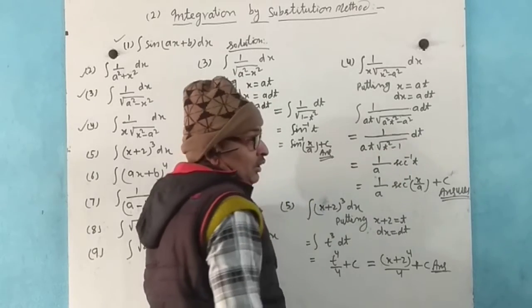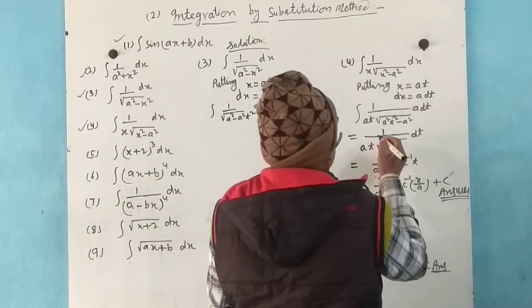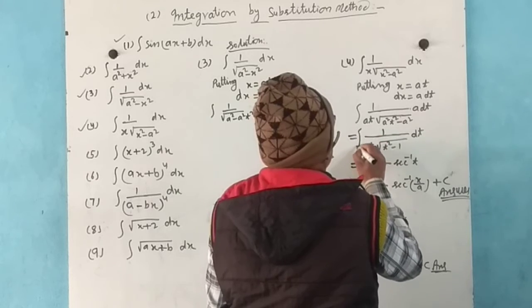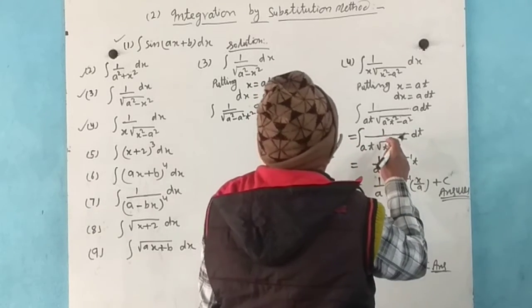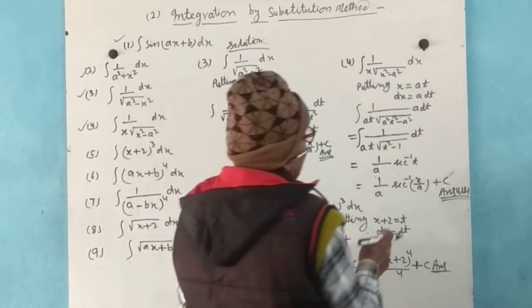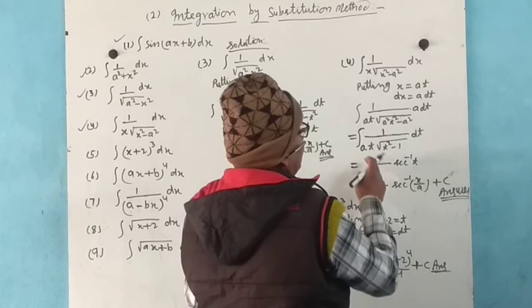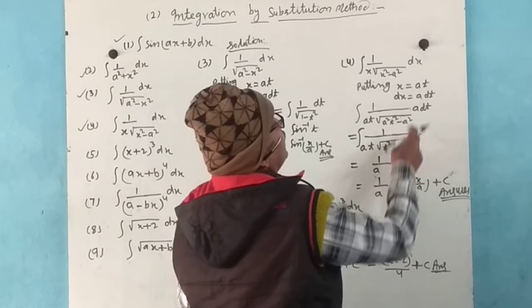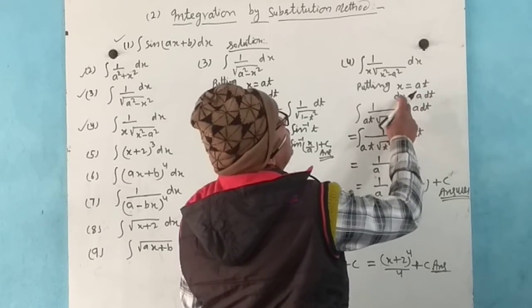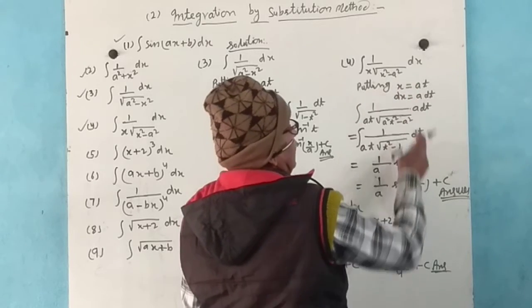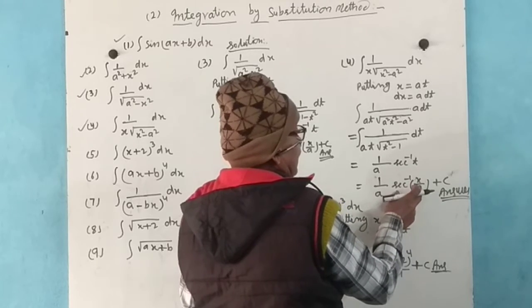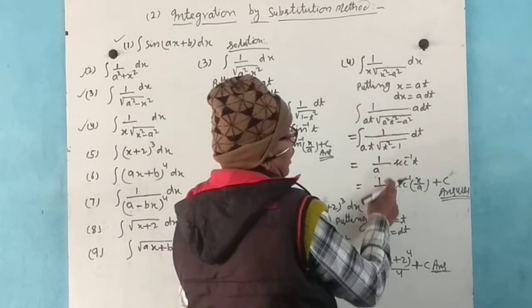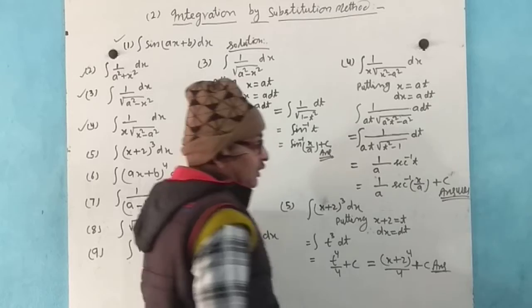The integration of this is equal to sec inverse t, so that 1 by a sec inverse t, and putting the value of t equal to x by a, 1 by a sec inverse x by a, and see the integrating constant.